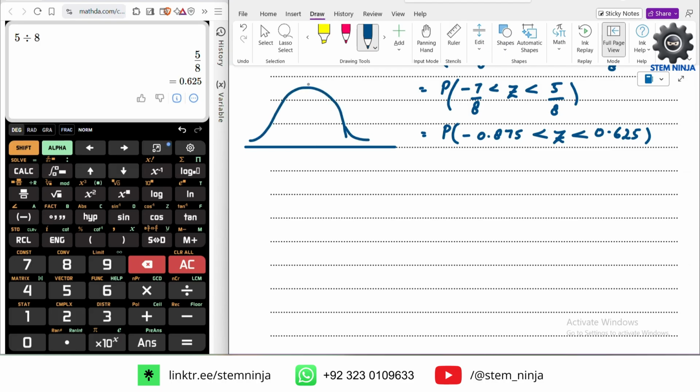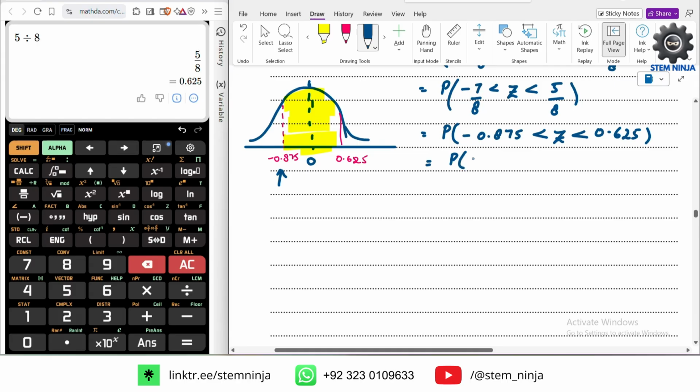Right. Now, even before we go into the table, we know how to look for it. So, this is your 0 mean. Minus 0.875 is over here, and the 0.625 is right over here. So we need the area in between this, right? So we can't directly do that because we don't have this, right? So what we actually need is simple area minus area, right?